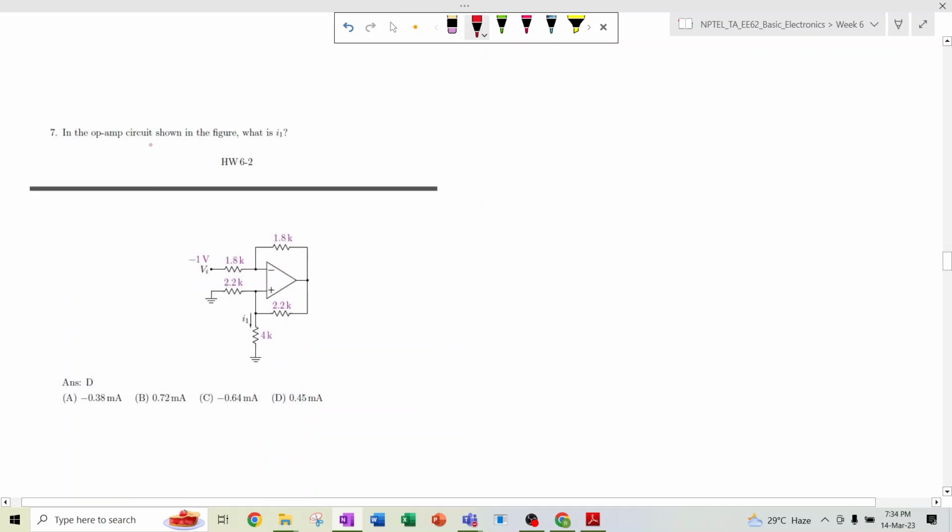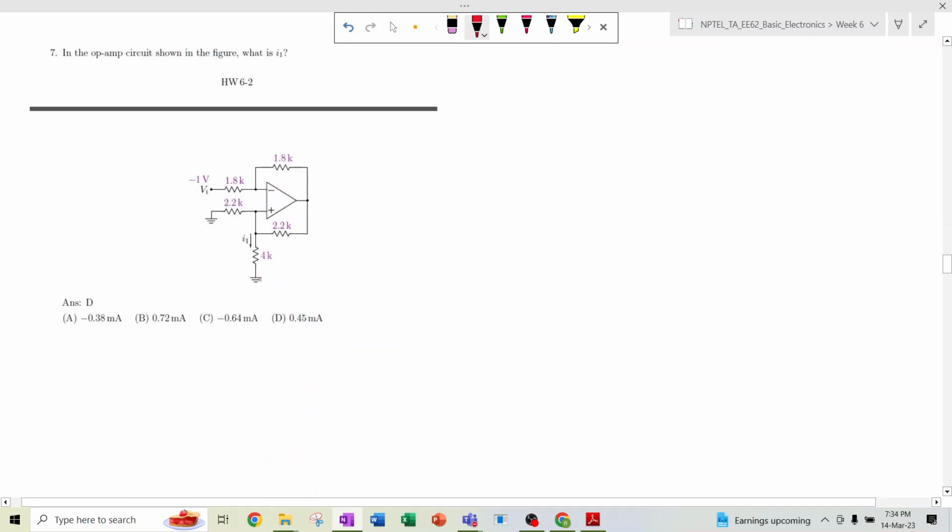In the next problem, in the op-amp circuit shown here, what is the value of I1? So to find out the value of I1, we need to find out the voltage over here. So suppose we consider this voltage.